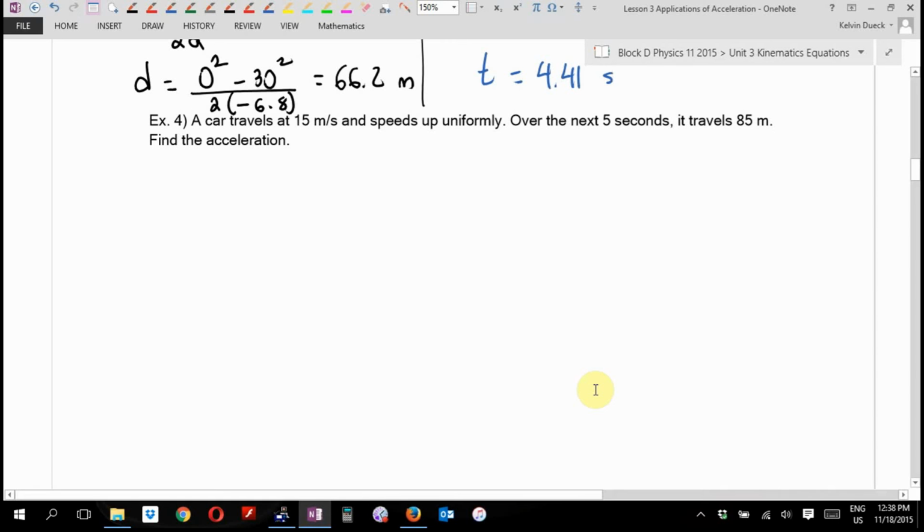Over the next 5 seconds, it travels 85 meters. Sage, what does example 4 want me to find? Let's write down A equals question mark. Sage, what's that 15? With authority in your voice, like you're confident. VI.